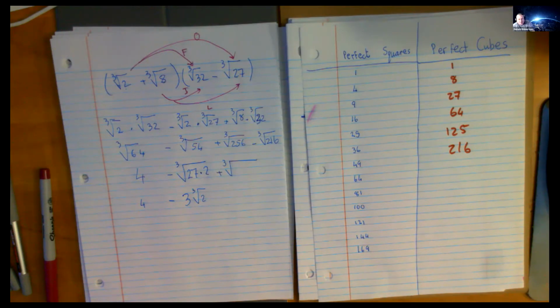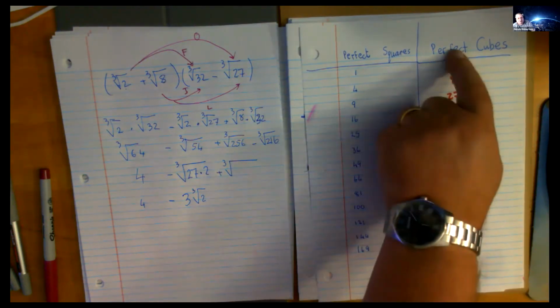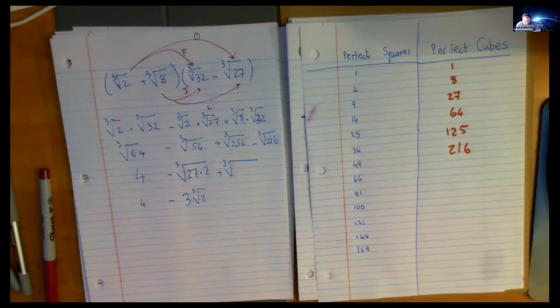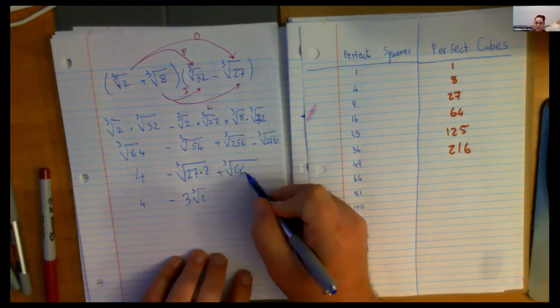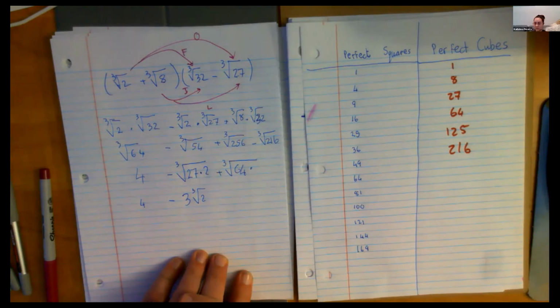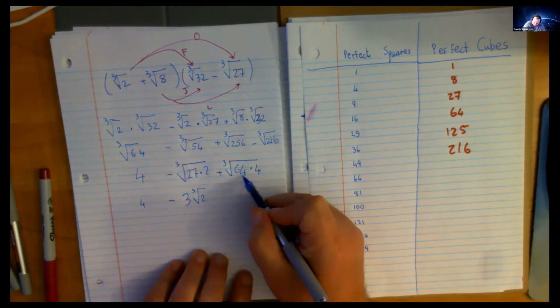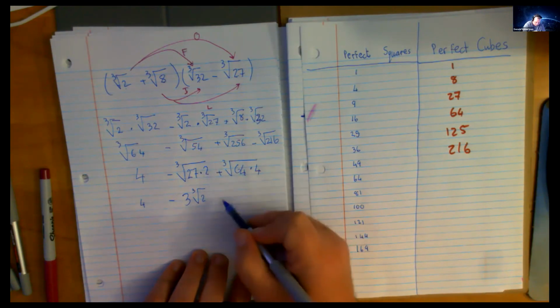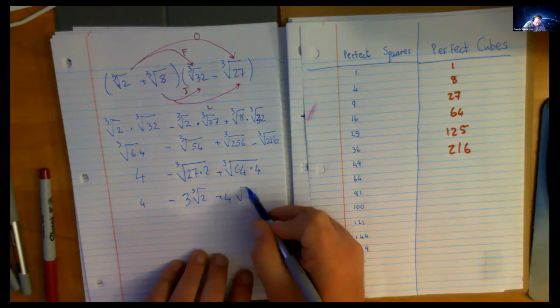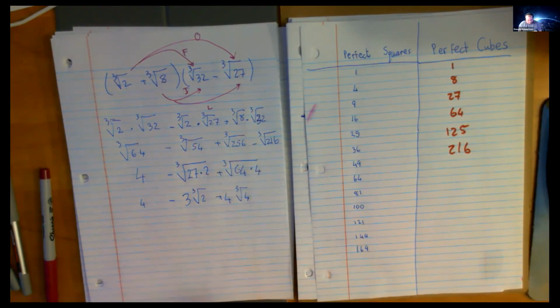Which one of these works with it? Correct, 64. And 64 times 4. And that guy is a very nice number, isn't it? That guy is 4. So you get 4 cube roots of 4. Okay, it's getting there.